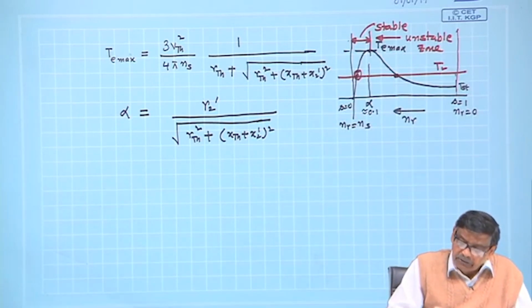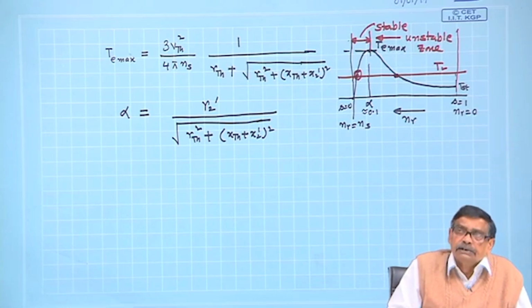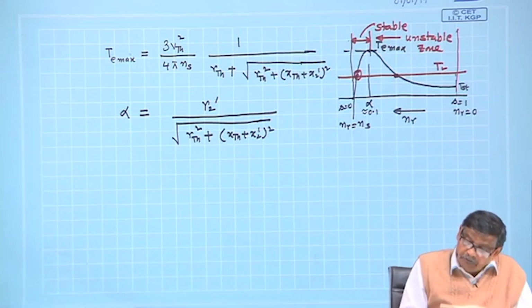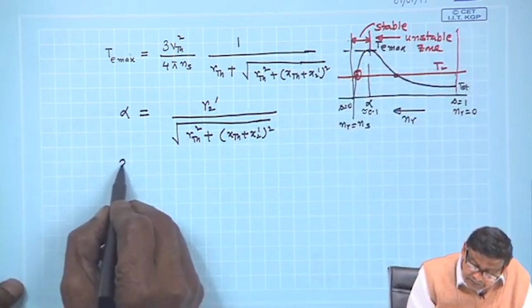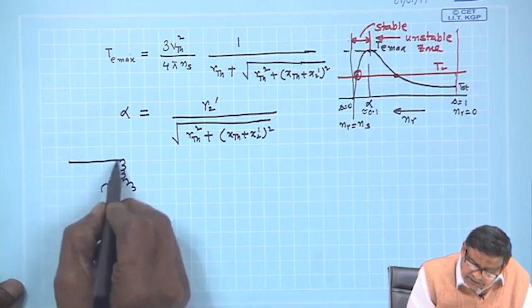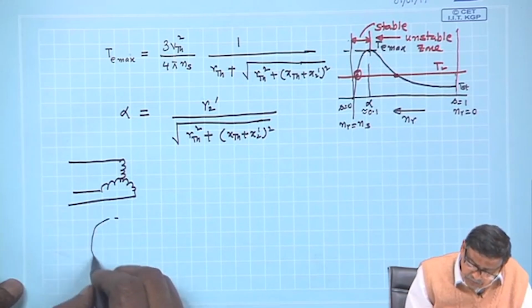Now, today what we will do is this: we will try to see how this torque slip characteristics gets modified if I change certain parameters which are appearing in the equivalent circuit. For example, this is the stator of the induction motor, which is energized from a 3 phase supply, and this is the rotor.